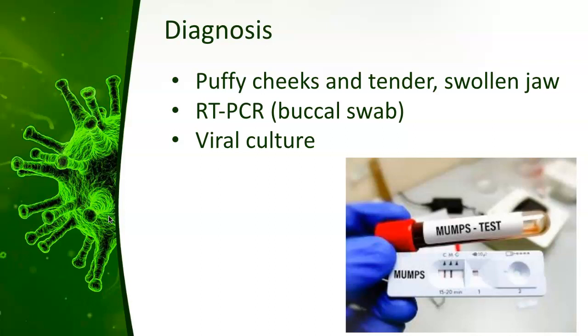A buccal swab is preferred for mumps PCR. A throat swab is also acceptable, but not preferred. A buccal swab basically consists of massaging the buccal cavity, which is the space near the upper rear molars between the cheek and the teeth, for 30 seconds, and swabbing the area, obtaining a generous amount.